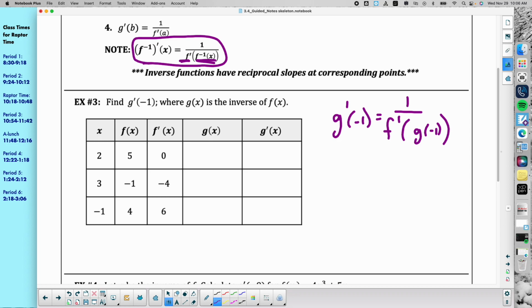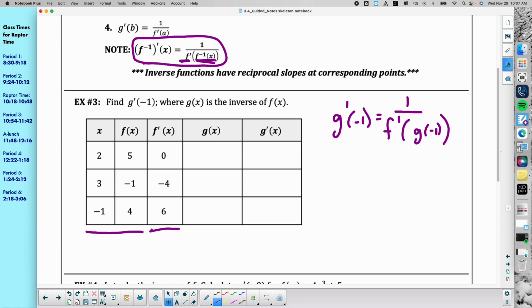Now we are told the original function information and the original function slopes. If you would like to fill in G and G prime, you can. I'm not too worried about you filling in the table. We can figure it out on the way.